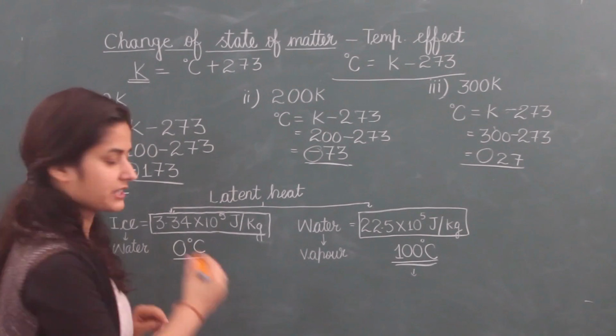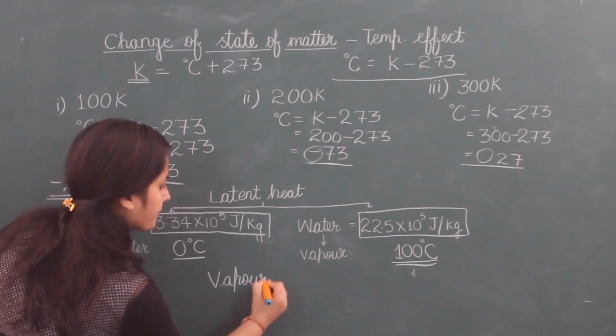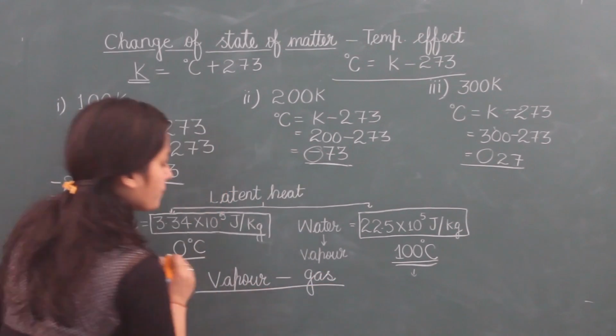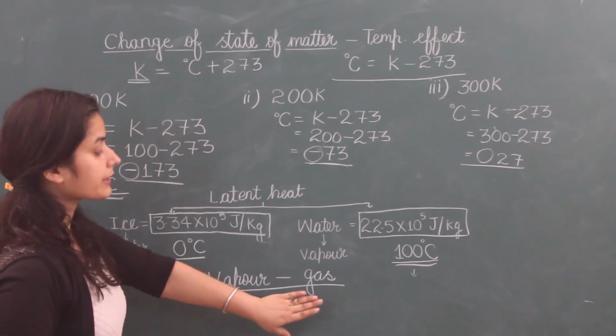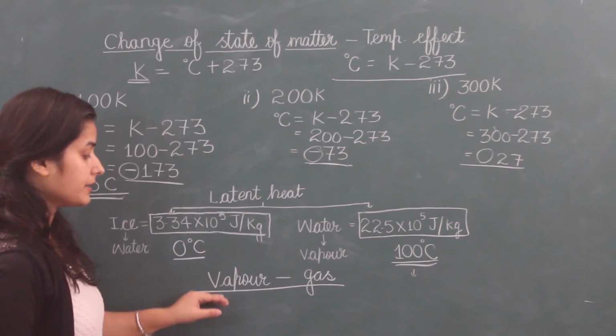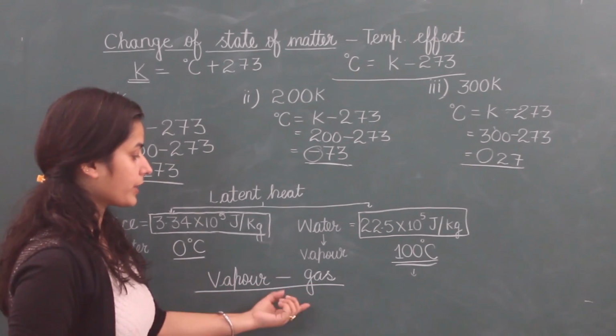Now two terms come here. One is vapor and another one is gas. Water in gaseous state is called vapor. But vapors are not equivalent to gas. What is the difference?